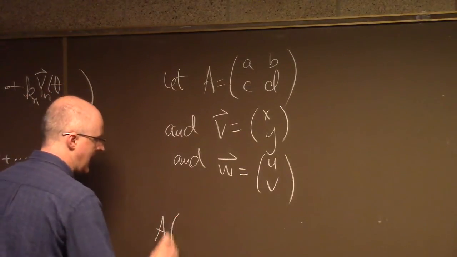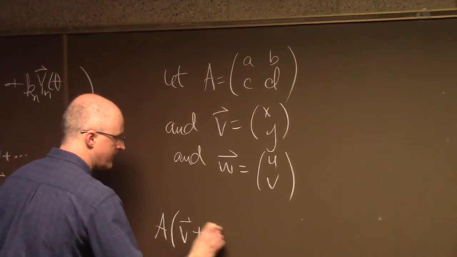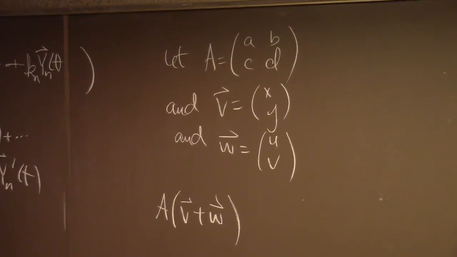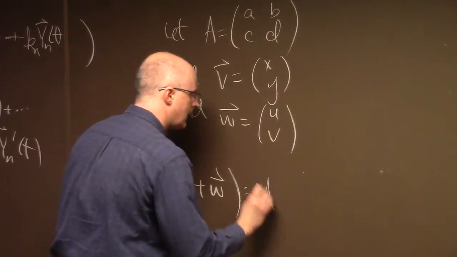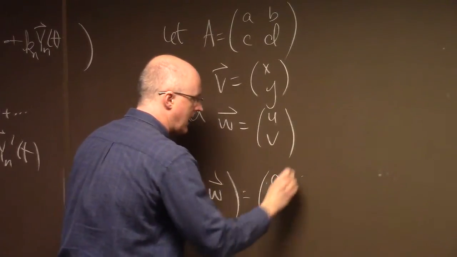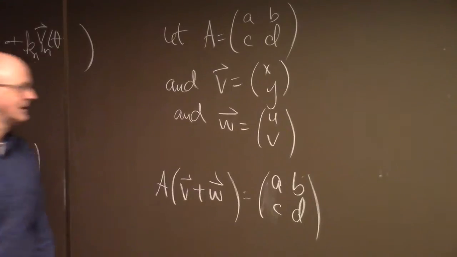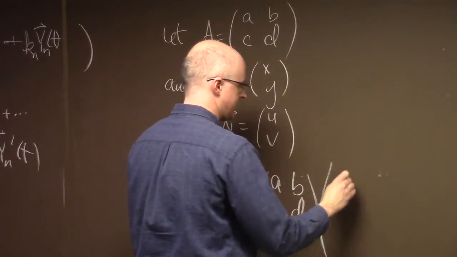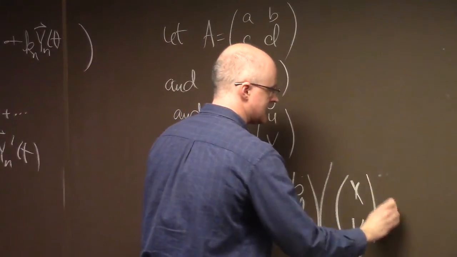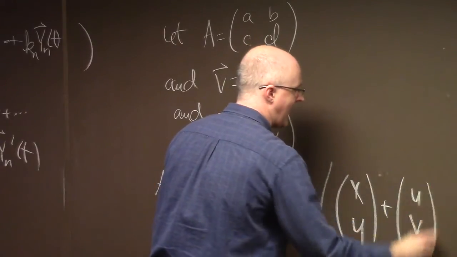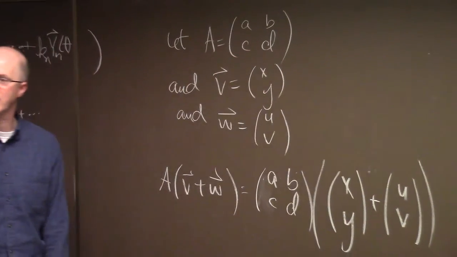You can calculate A times v plus w, by replacing A with that, replacing v with this and w with this, and then adding vectors component by component.